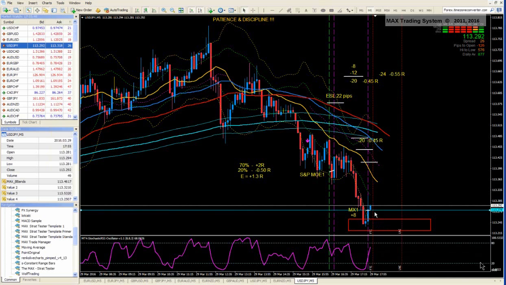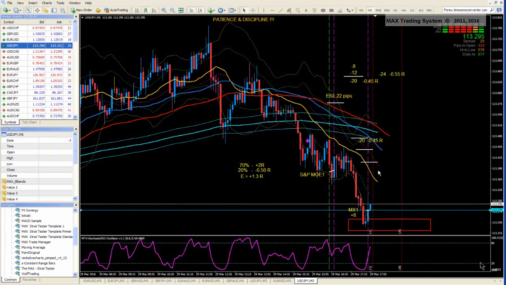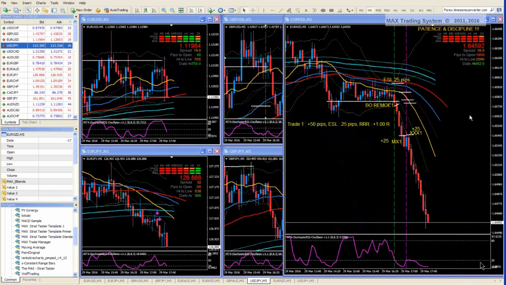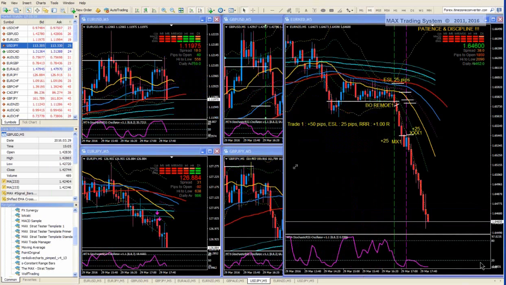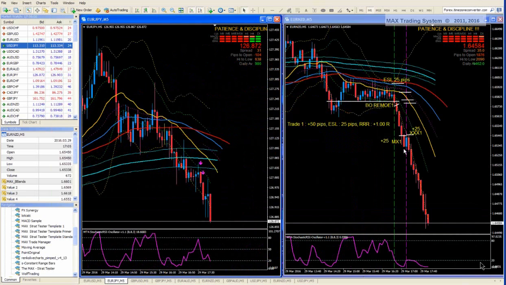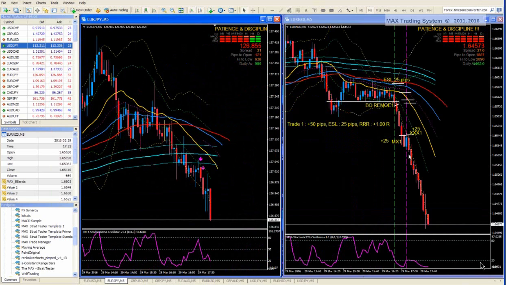Now, if I have to close my XXX in this area, that's not a problem. The first MX is profitable, and so I'm happy with that. And we can see that the Euro Kiwi has continued to go downwards.